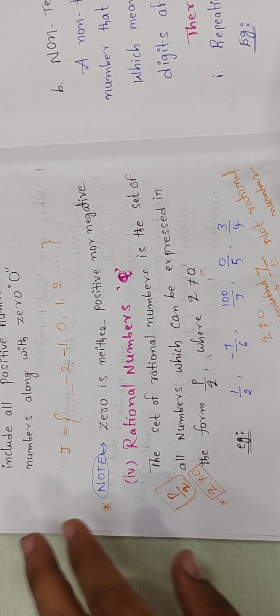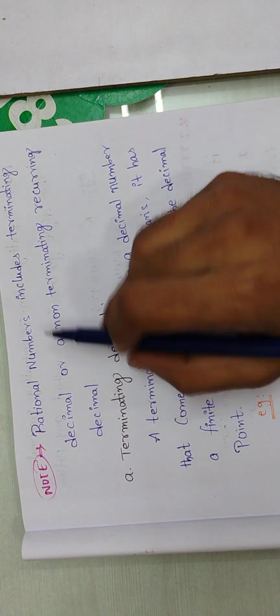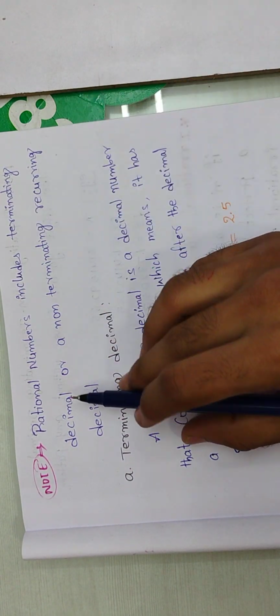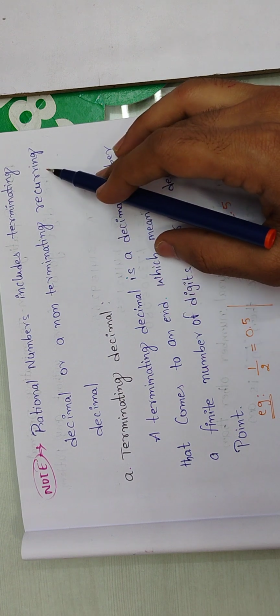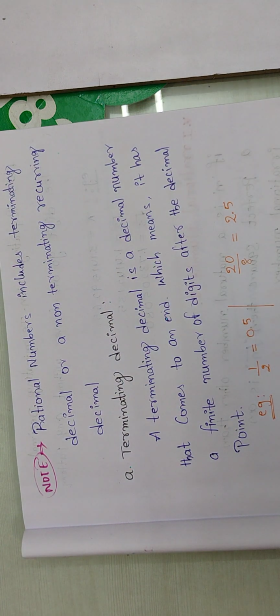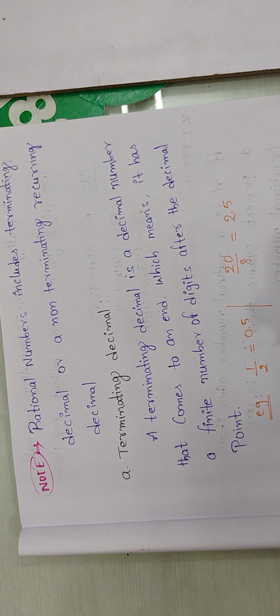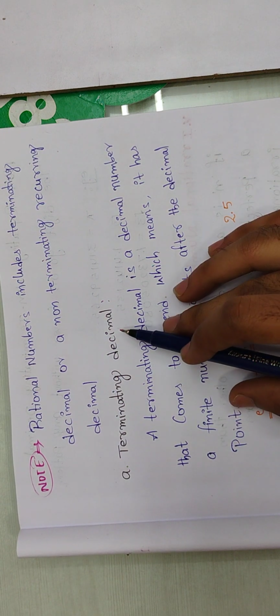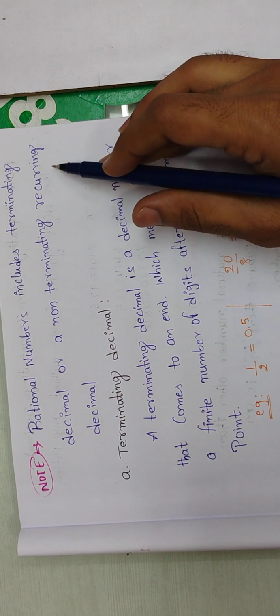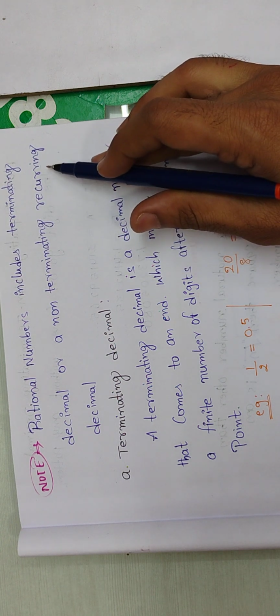Okay, then rational numbers include terminating decimals and non-terminating recurring decimals. In rational numbers we can classify terminating decimals and non-terminating recurring decimals.